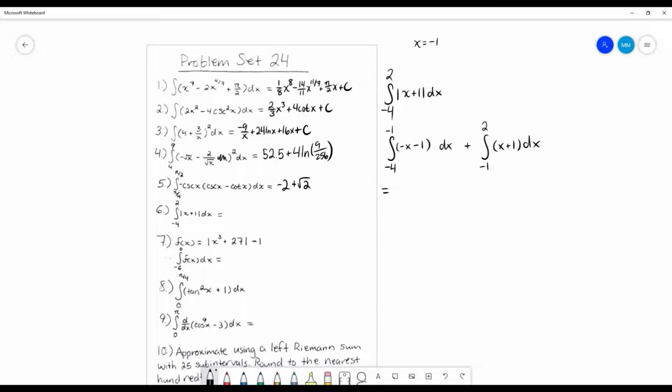So then that's going to be negative 1/2 x squared minus x on these bounds plus 1/2 x squared plus x on these bounds. Okay, plug in that negative 1, that's going to be 1, so it's going to be negative 1/2 plus 1, and then of course minus this. That's going to be 16. Negative 16 over 2 is negative 8. Minus the negative turns into a plus 8.